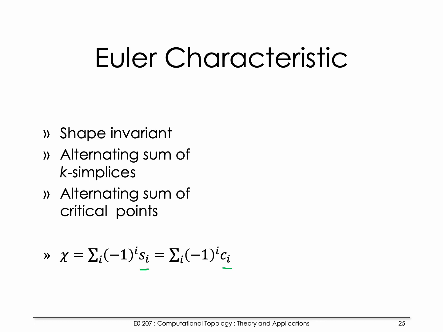So if you have a three-dimensional function, then this is equal to the number of minima, that is index 0, minus the number of 1 saddles, plus the number of 2 saddles, and minus the number of maxima, which is the number of critical points with index 3.